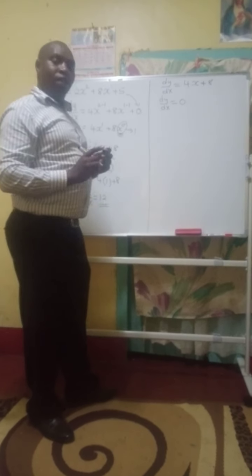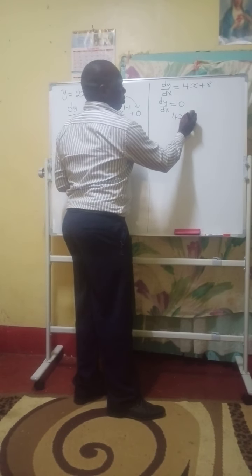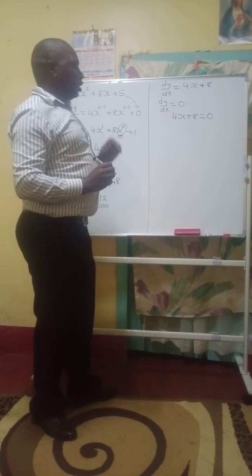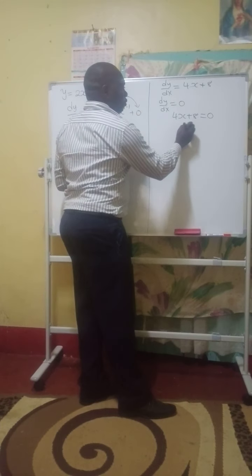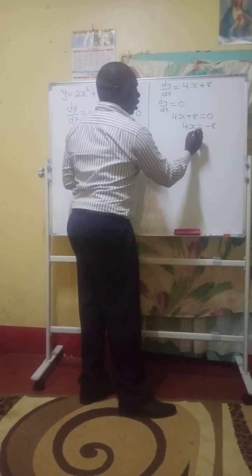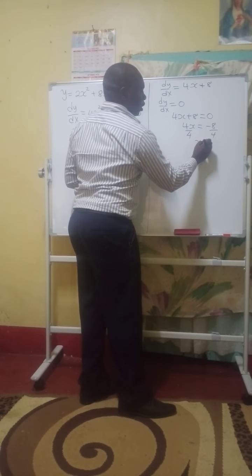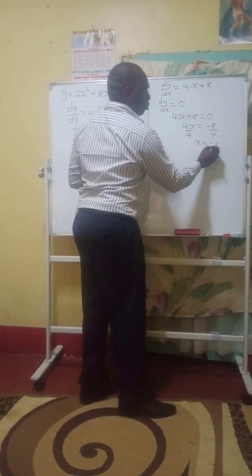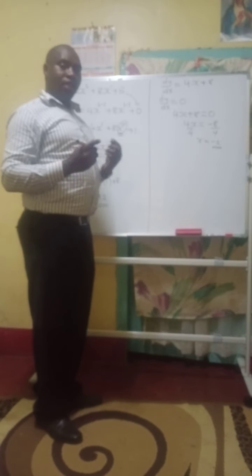You now equate your gradient to 0, and you say 4x plus 8 is equal to 0. That gives you the turning point. So 4x is equal to, this gives us negative 8, and therefore divide by 4, like that, your x therefore becomes negative 2. So at the turning point, the value of x is negative 2.